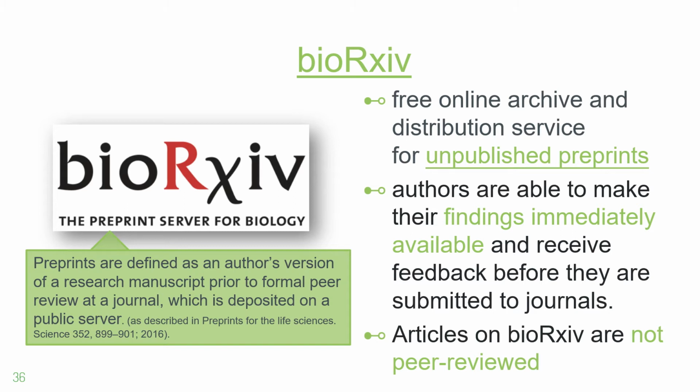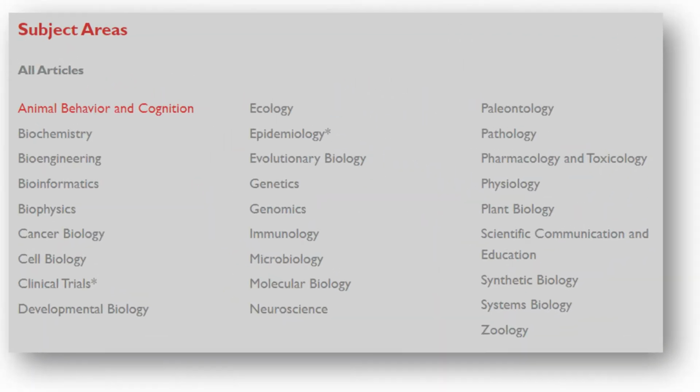All articles undergo a basic screening process for offensive or non-scientific content, and for materials that might pose a health or biosecurity risk, and are checked for plagiarism. However, you should note that articles submitted to bioRxiv are not peer-reviewed, edited, or typeset before being posted online. bioRxiv accepts preprints of articles covering all aspects of research in the life sciences.